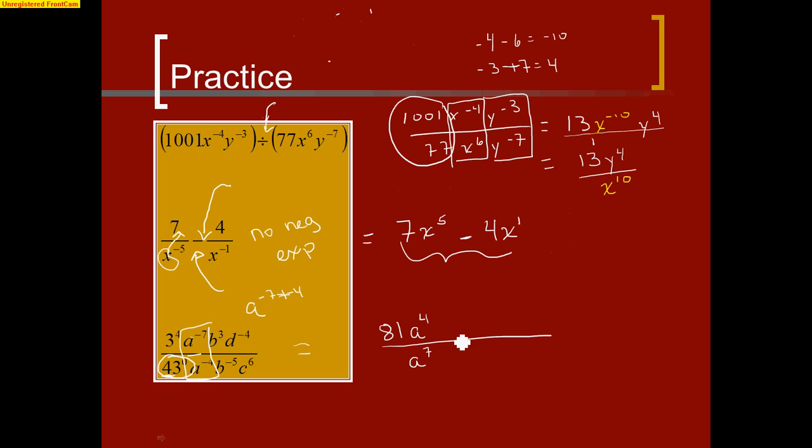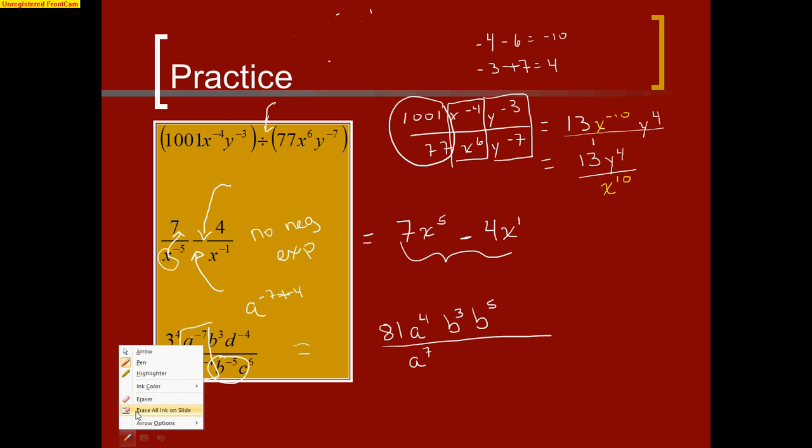I like that b to the cubed where it is, but the b to the negative 5 I want to take to the top, which I can do as long as I change the sign on the exponent. I'm going to take that d with the negative exponent, the c to the positive 6 I'm going to leave where it is, because it has a positive exponent, and d to the negative 4th I'm going to drop to the denominator so that I can get rid of that negative exponent.